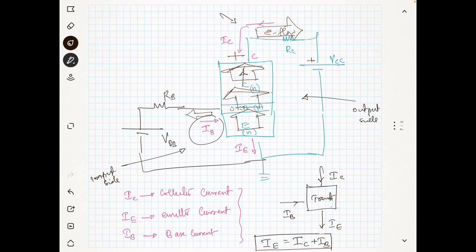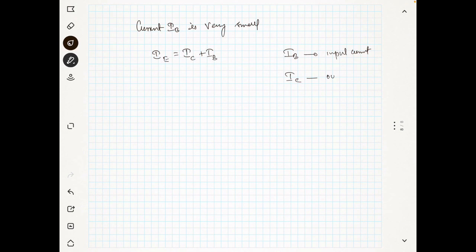If you take the ratio of IC over IB, you can see that it is a very large number, and it is usually a large number.